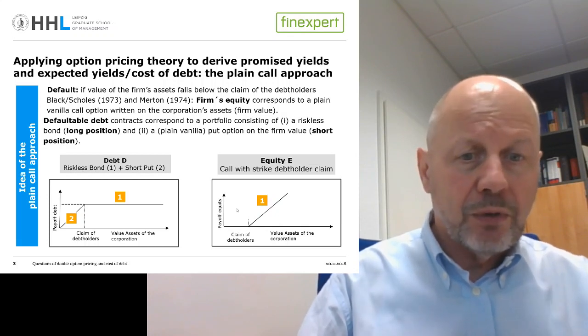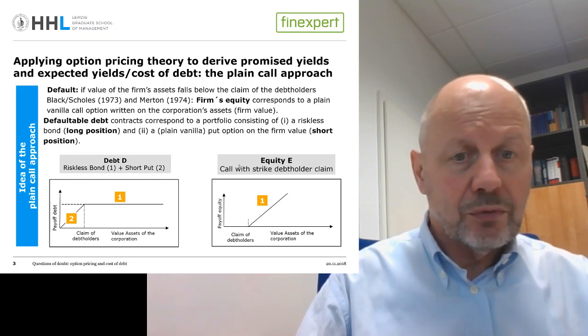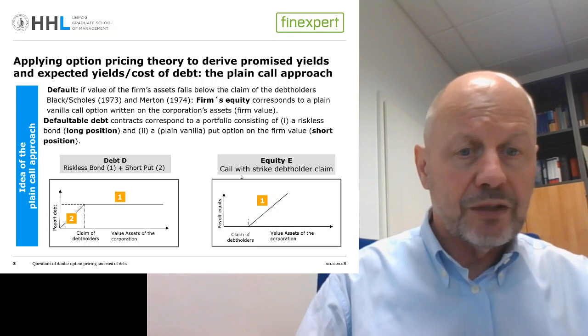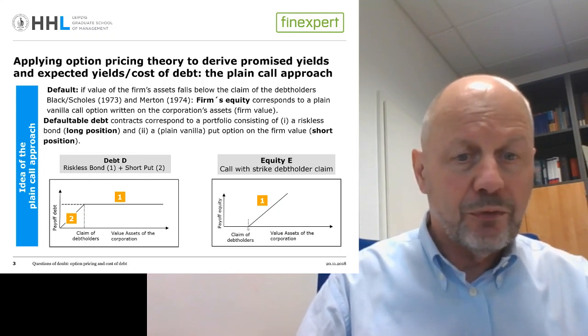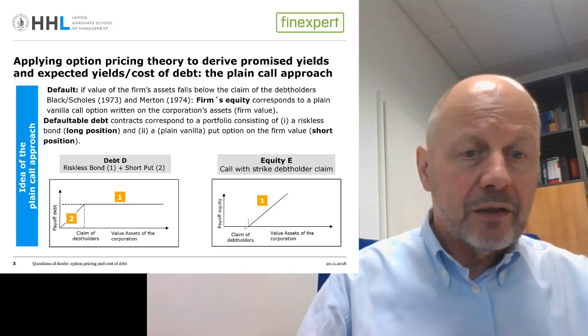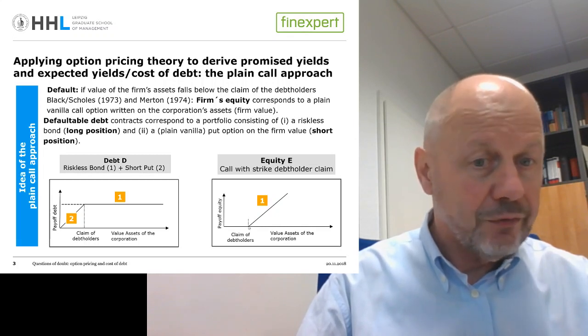So in a one-period model, very simple, the claim of the debt holders is, of course, interest plus redemption. If the value of the total firm, of all the assets of the firm, is below the claim of the debt holders, then under limited liability the equity holders do not get anything.